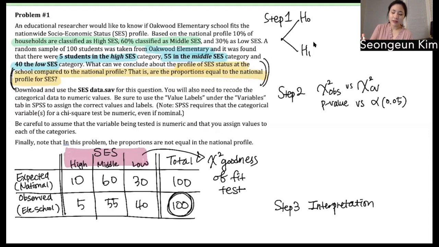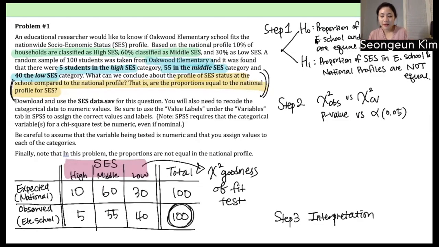So let's make a null hypothesis first. Since we want to know whether the elementary school proportion of SES is equal to the national profile for SES, we can set the null hypothesis as: the proportion of SES in the elementary school and the national profile are equal. And the alternative hypothesis is that the proportion of SES in the elementary school and national profile are not equal.